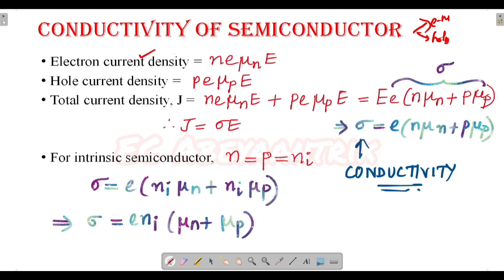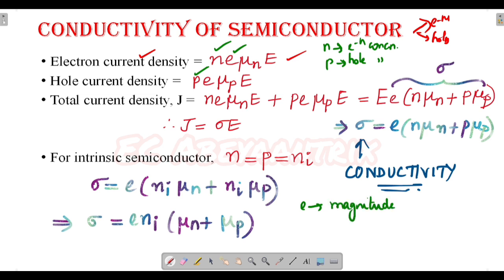First, electron current density. Please note the formula: n into e into mu n into E. Here, n refers to the electron concentration, and p refers to the hole concentration. Small e refers to the magnitude of charge of an electron or hole, any charge carrier.